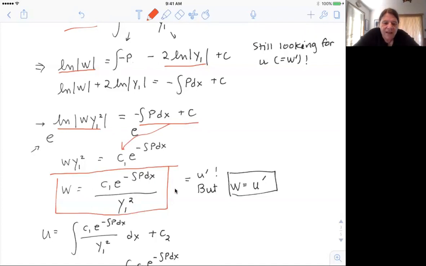So notice what I've got. Don't lose sight of where I'm going. What I'm trying to find is this new solution, Y, and we defined it as U times Y1.